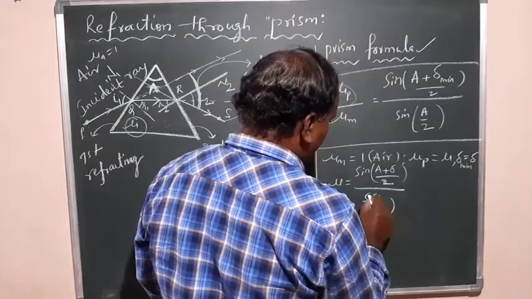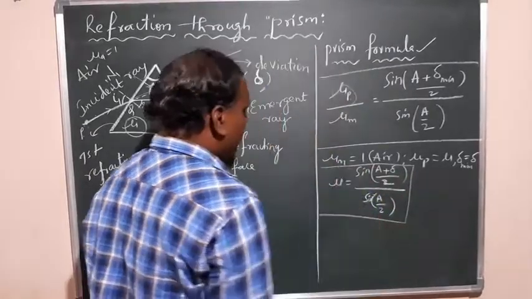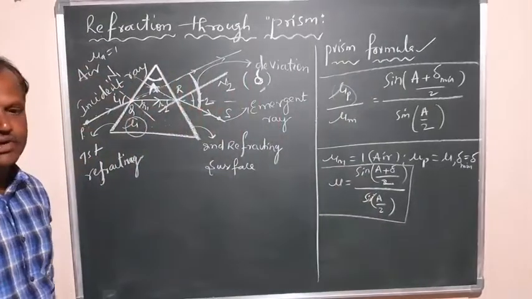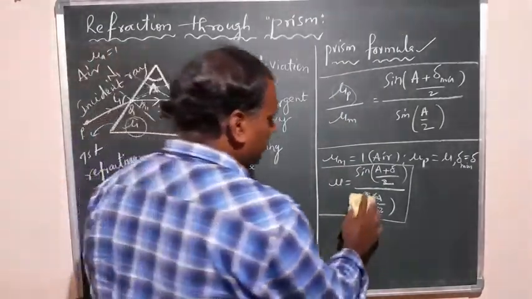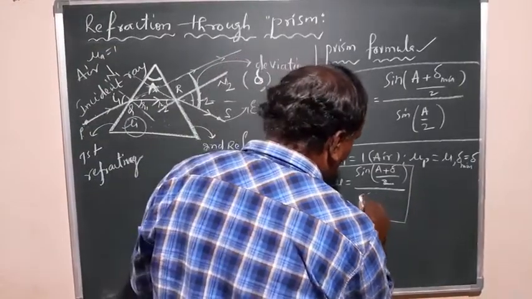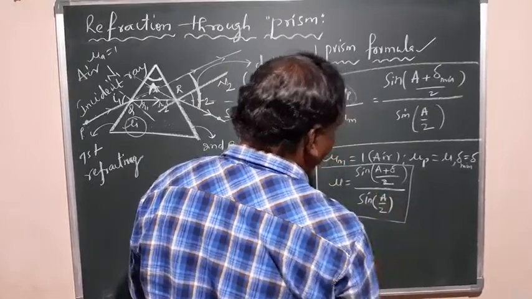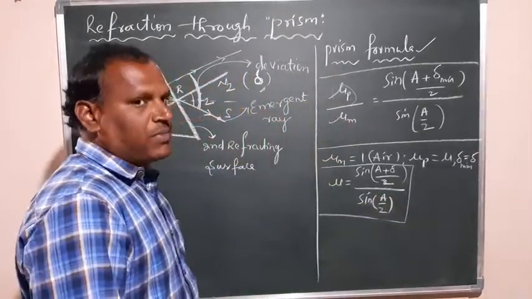So this equation is called the prism formula. Here mu, the refractive index of the prism, is equal to sine of (A plus delta) upon 2 upon sine of A by 2.